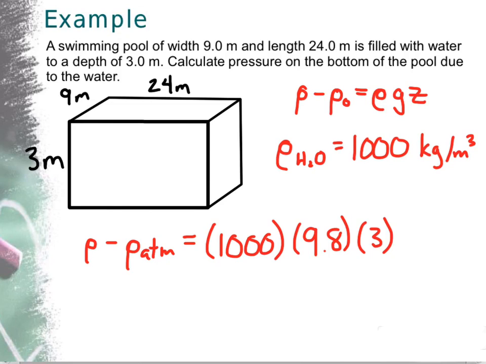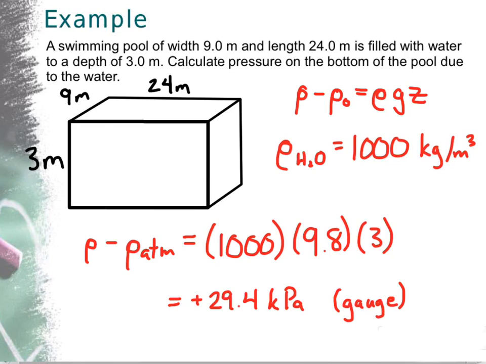All right, what do I have next? Okay, so when I evaluate that, I get 29.4 kilopascals. And let's remember, since I'm taking the difference between the pressure at the bottom minus atmospheric pressure, I have actually calculated the gauge pressure. Now the problem didn't tell me whether or not I had to calculate absolute or gauge pressure.